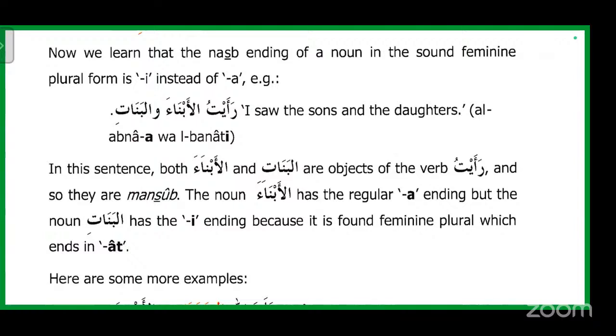So al-banati are the objects of the verb ra'aytu, and so they are mansoob. The noun al-abna'a has a regular a ending with the fatha, but the noun al-banati has the e ending with the kasra, because it is a sound feminine plural, which ends in at.